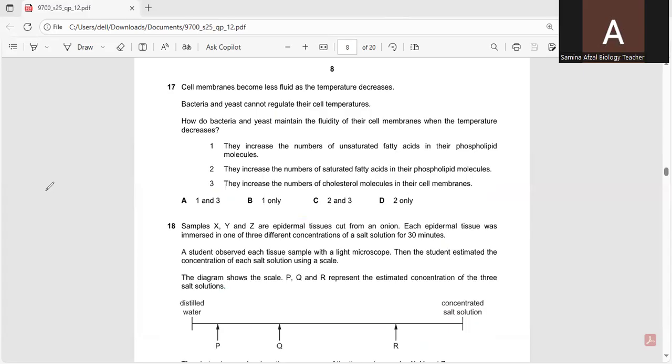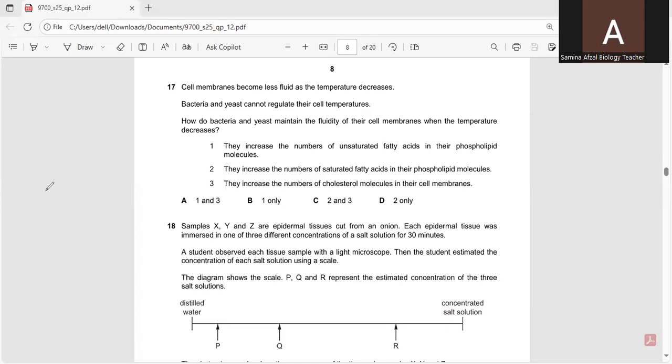Bacteria and yeast cannot regulate their cell temperatures. How do bacteria and yeast maintain the fluidity of their cell membranes when the temperature decreases? They have given us three statements and we have to find out the correct one.